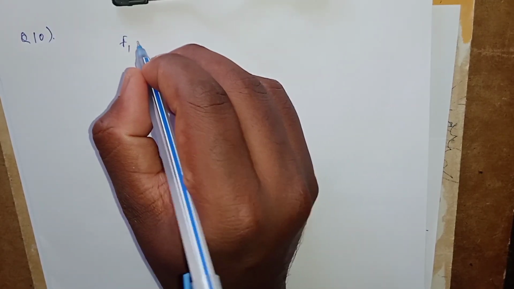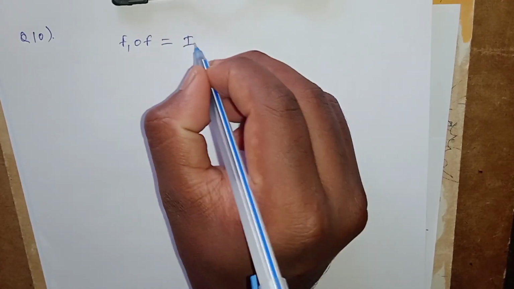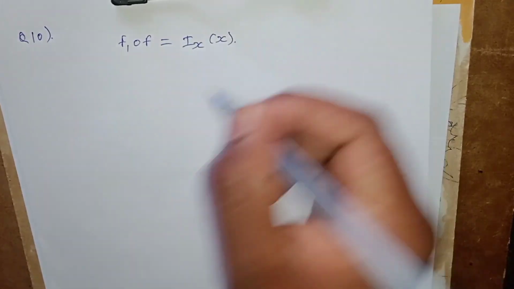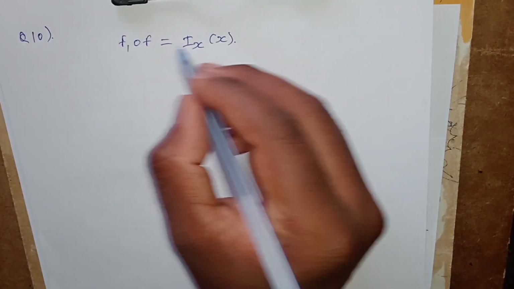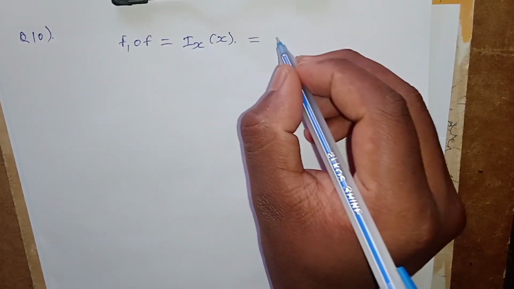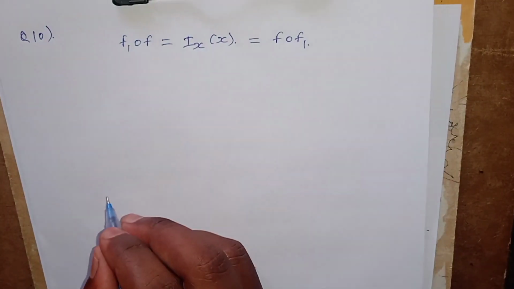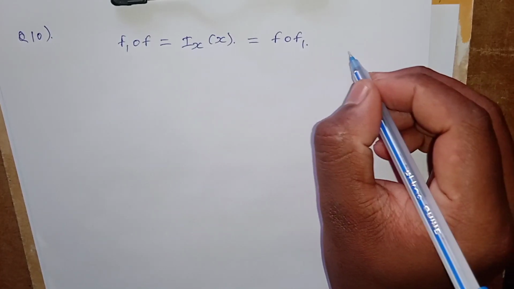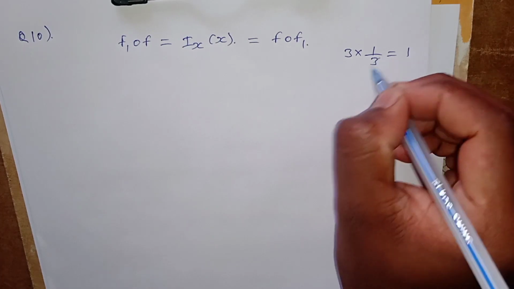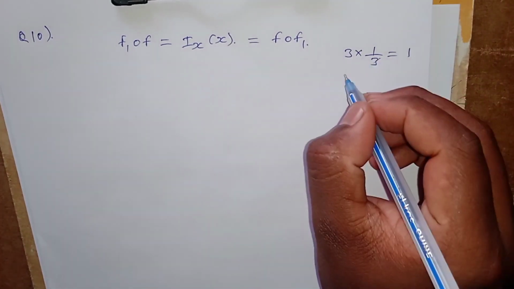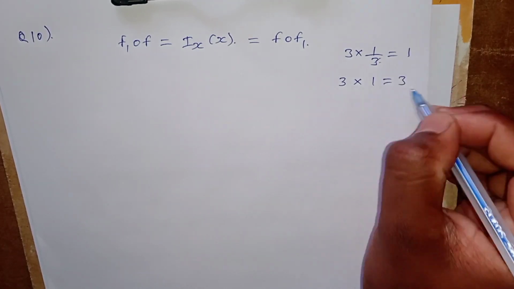f1 ∘ f is equal to the identity of x, and the identity of x is nothing but x. Next, here I am interchanging. Here it is simple, 3 into 1 by 3 you will get 1. 3 cancels, therefore 1. 3 into 1 you will get 3.